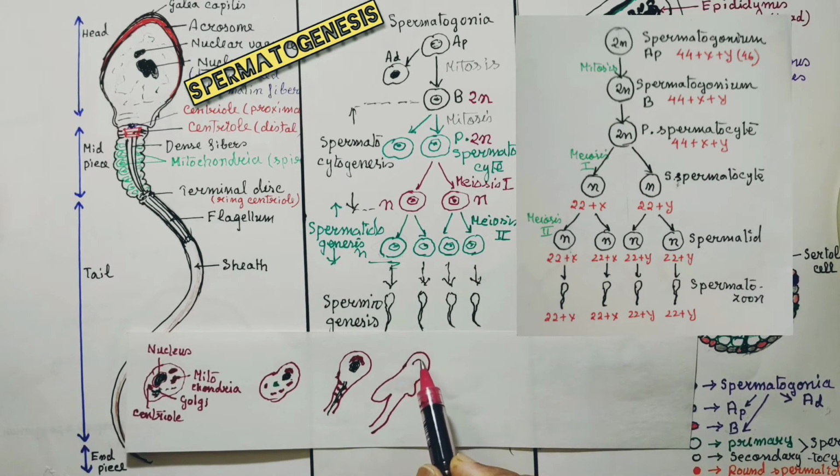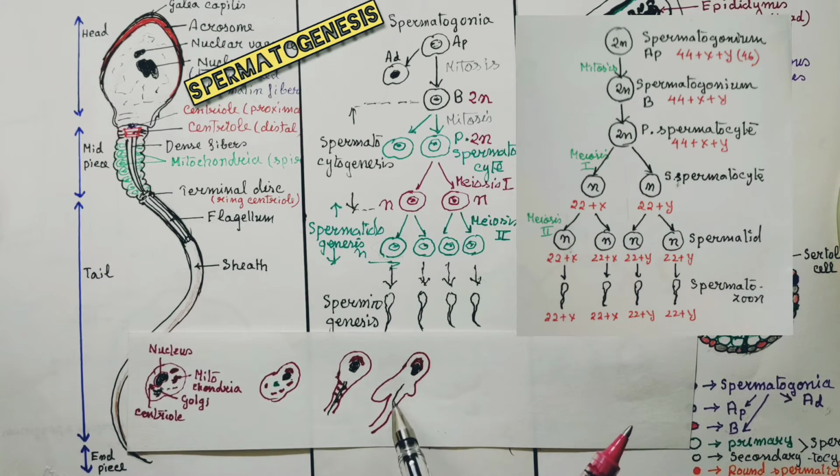Next, all the structures become more distinguished. Now it is going to take the shape of a spermatozoon. This is the thick axoneme and spirals of mitochondria in the midsection.